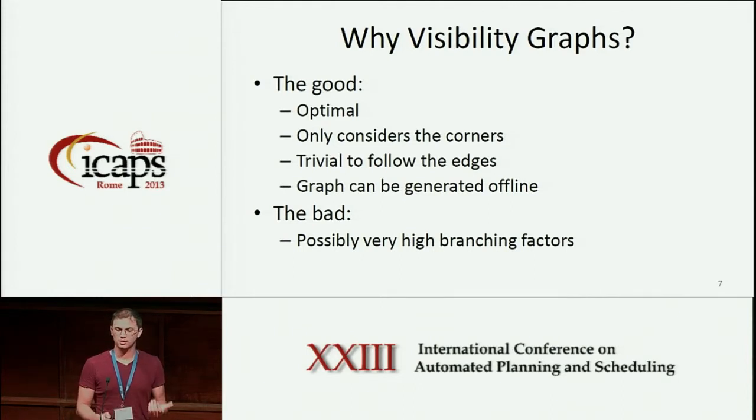And also, most importantly, most of this graph can be constructed offline and stored. If you don't know the start and goal state, we can just link the corners. And then once we know the start and goal state, we can add it to the graph and search it. And the bad thing about visibility graphs is they usually have notoriously high branching factors.